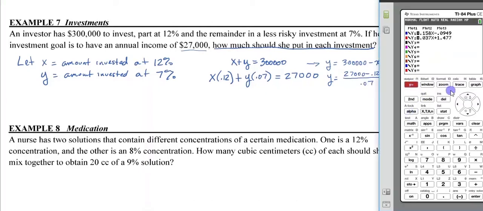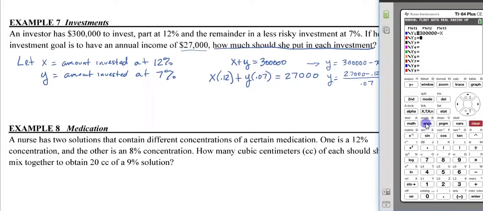So let's go to the Y equals button and put in our equations. 300,000 minus X. In the second one, we have 27,000.